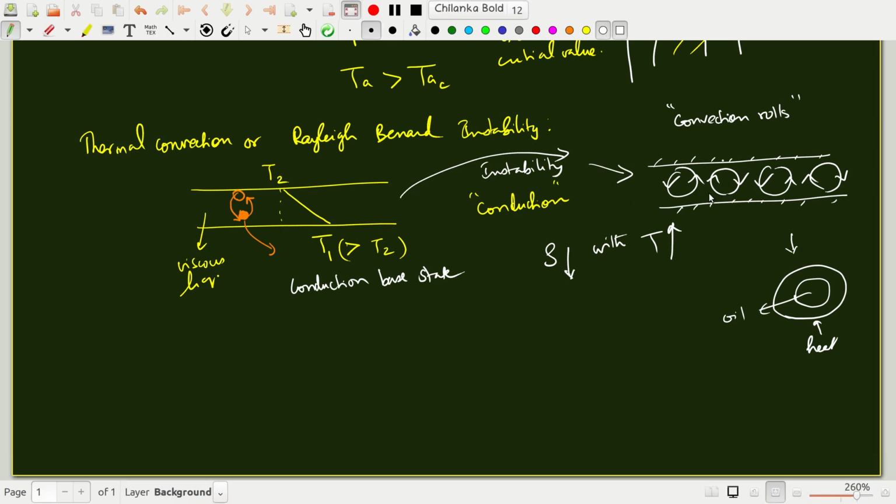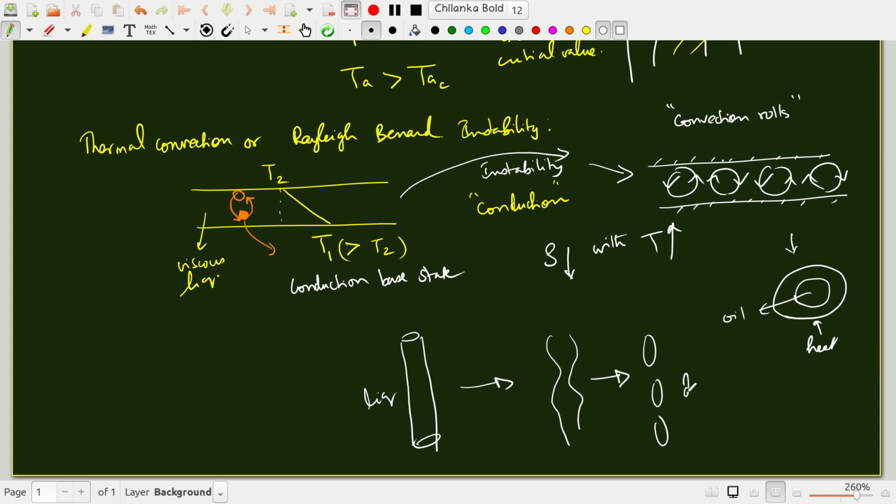Now the subject of hydrodynamic stability is concerned with understanding not just laminar to turbulent flows, but how a simple flow breaks down to a more complex flow like this in these two examples. I also mentioned the other example wherein you have a cylindrical jet of liquid, and that eventually becomes unstable and starts to break up into drops.